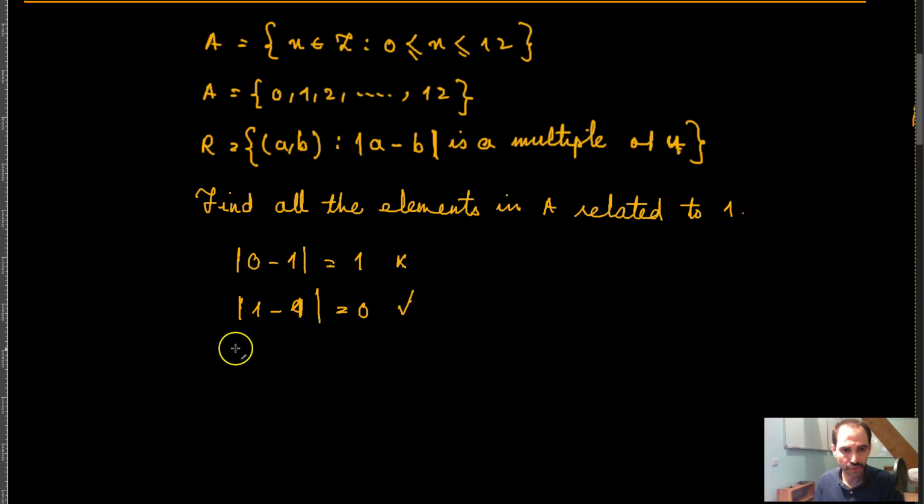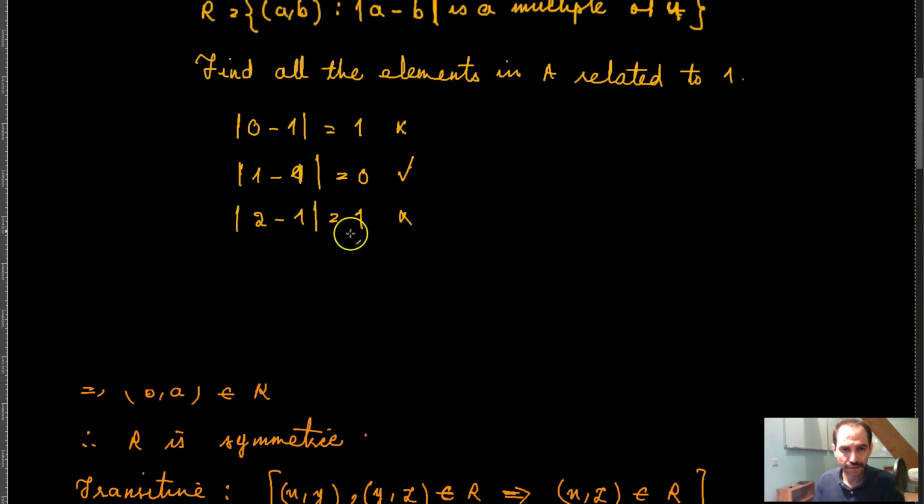If I go with the 2, 2 minus 1 is equal to 1, which is not a multiple of 4. And if I go with a 3, 3 minus 1 is equal to 2, which is not a multiple of 4.